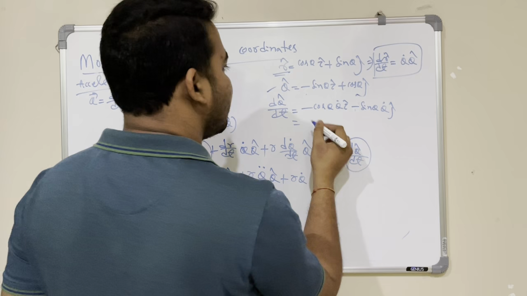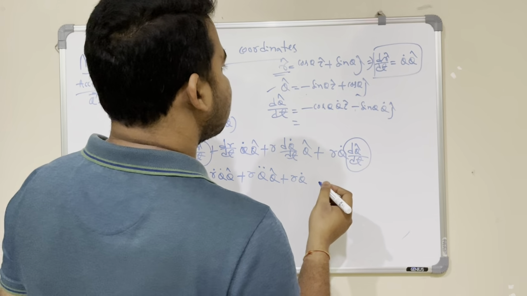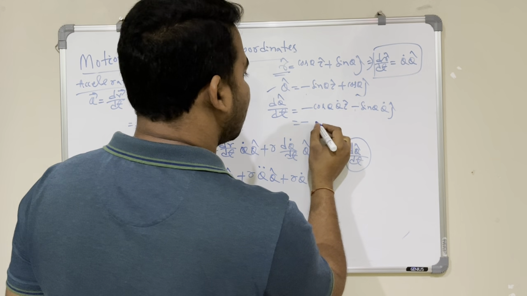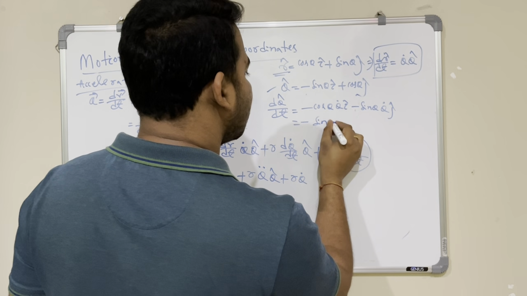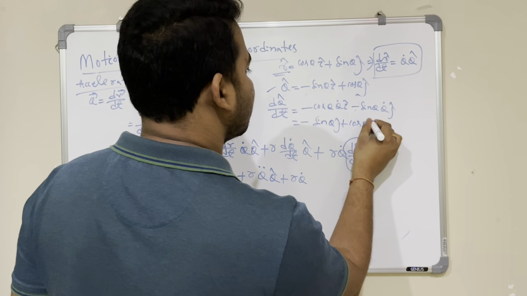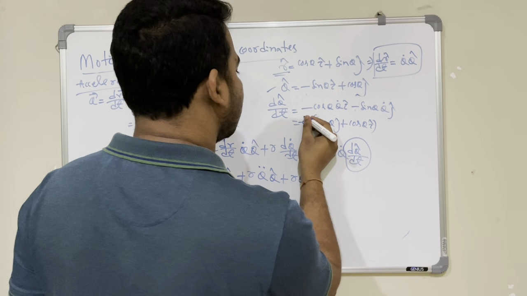So if you take the minus sign outside, this is equal to minus theta dot, sin theta j cap plus cos theta i cap.